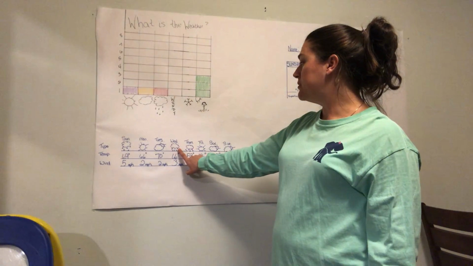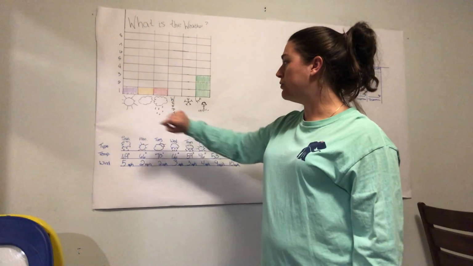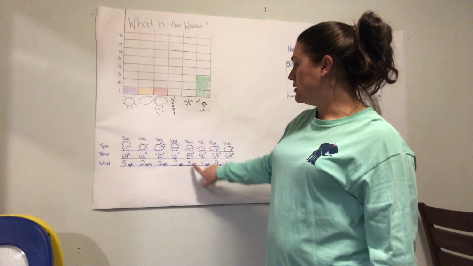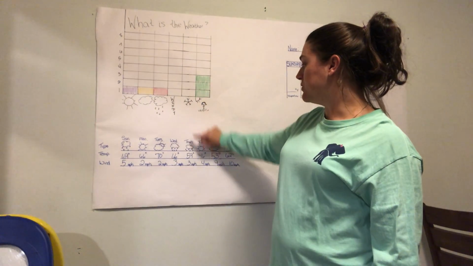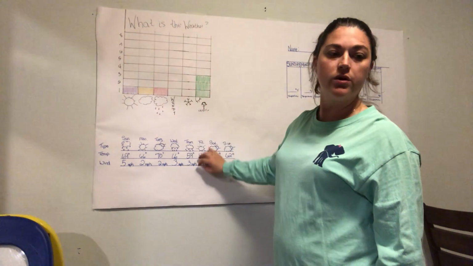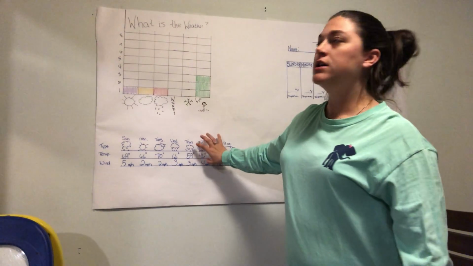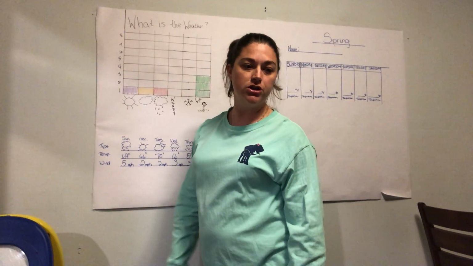Find out if it's going to be sunny, cloudy, rainy. Look at the wind speed and see if it's going to be windy, and look at the temperature to see if it's going to be cold or warm. Just like I have shown you here, I want you to collect that data and color in your charts.